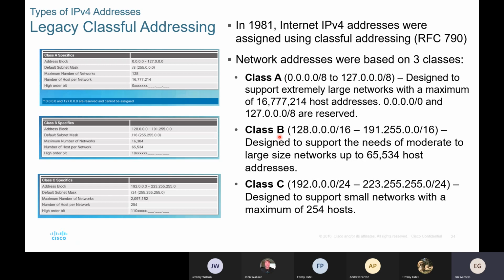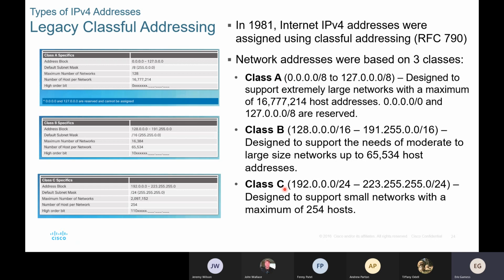They still have a lot of IP addresses, but we have many more class B networks. Class C addresses are small. Every network that is class C is small. It does not have a lot of IP addresses inside, but we have a lot of different class C networks.